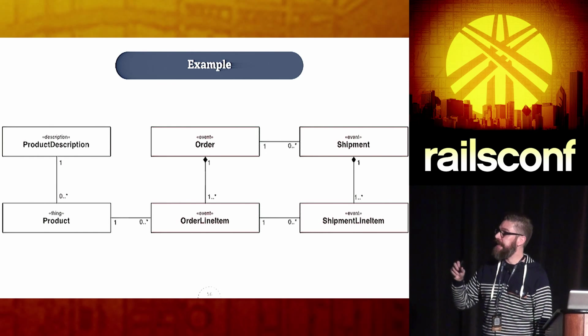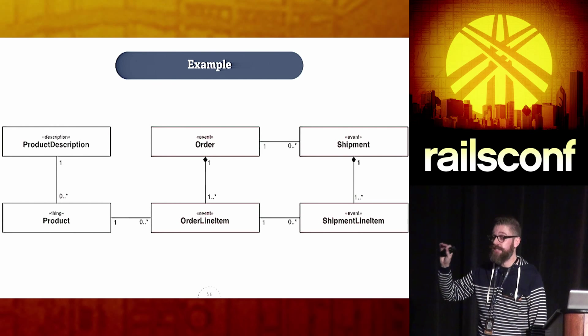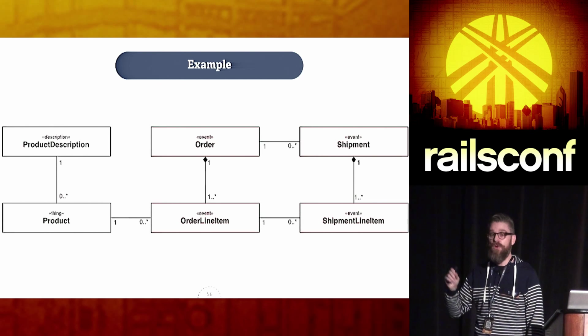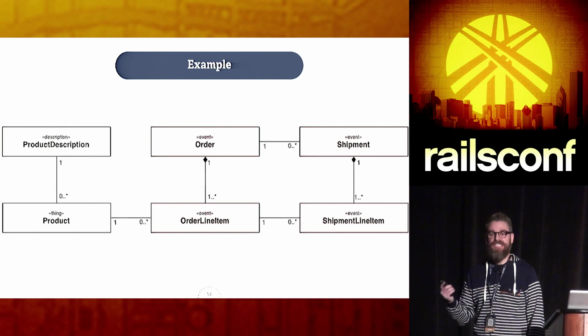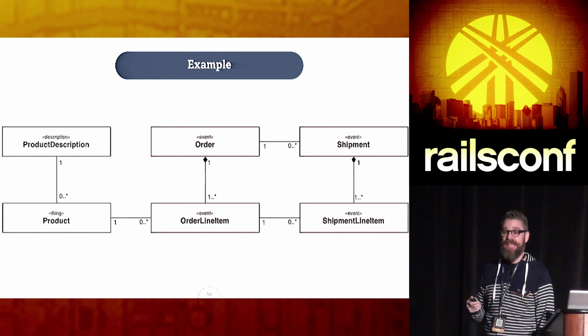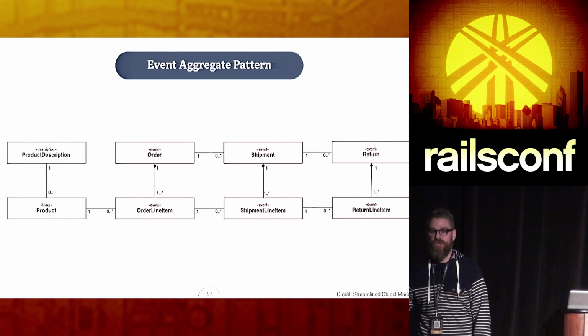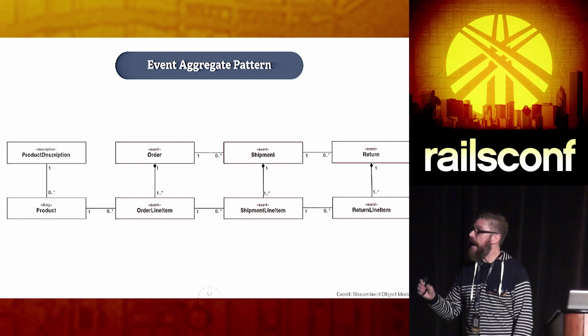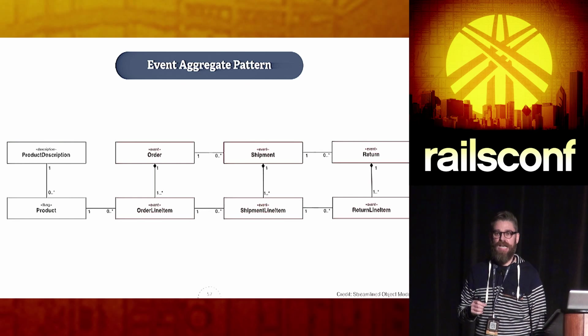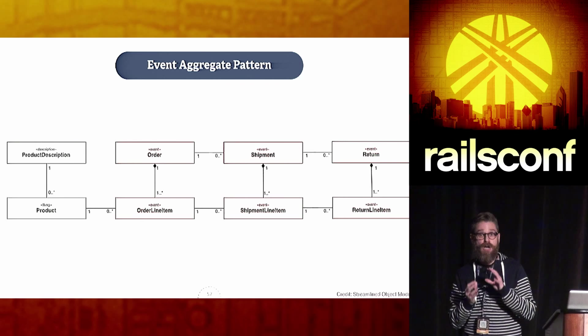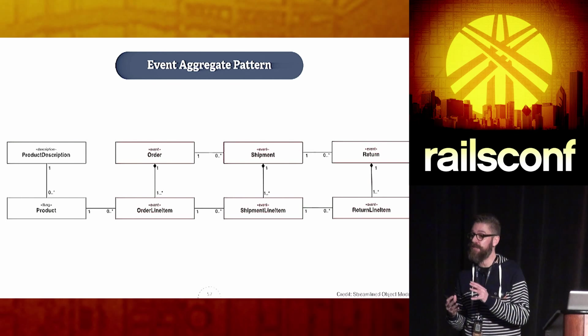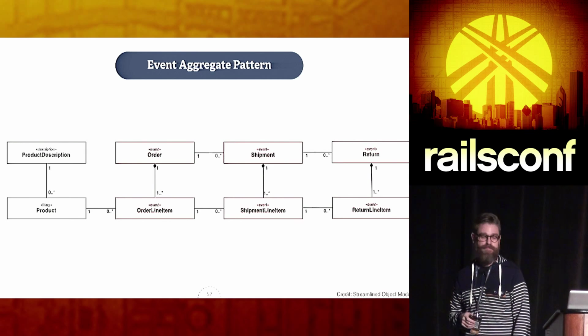And we can repeat this again in terms of the shipment line item being a follow-up for the order line item. But this is when the magic starts to happen, when we add another composite with a return and a return line item. Again, this is a composite collaboration. And we can use these collaboration patterns as building blocks in our domains as well.